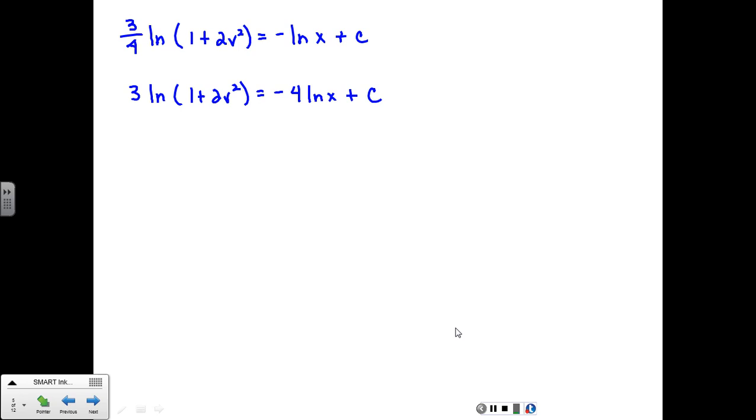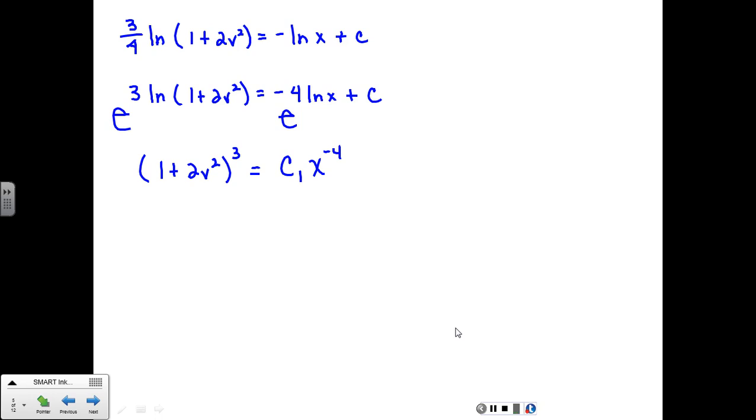C still C, right? Then E it, you said? One plus 2v squared to the third equal to, right? You see how I got that?